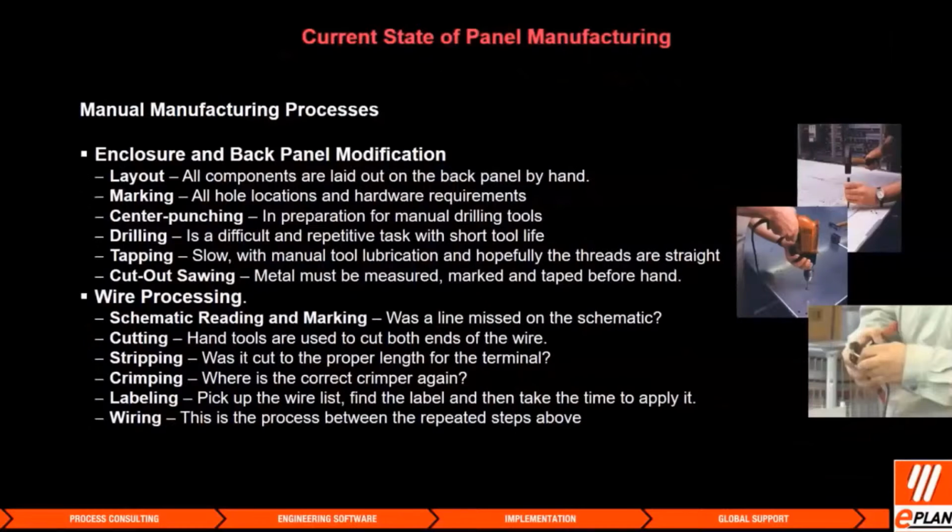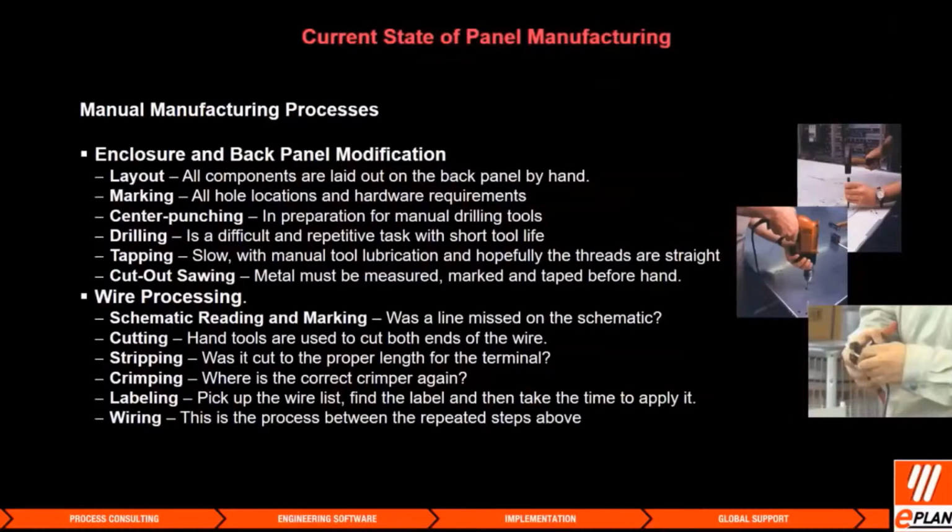Then out on the production floor, here are a couple of examples of the biggest buckets in terms of time consumption, where the panel build is really taking a lot of time. One is the enclosure and back panel modification.